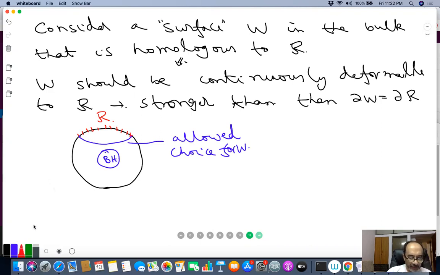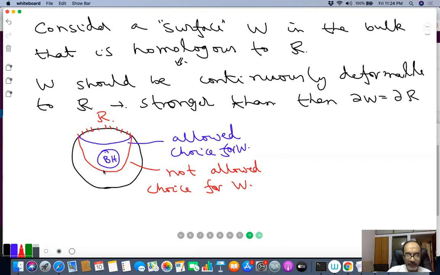But this one is not allowed. Because the boundary of this, of course, coincides with the boundary of R, but this cannot be continuously deformed to this. So that's why this surface is not allowed, because it's not homologous.